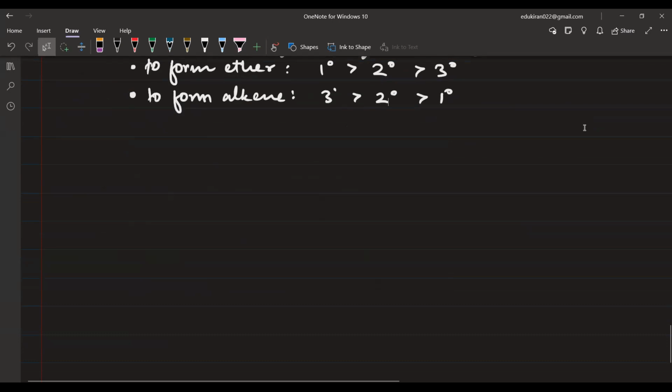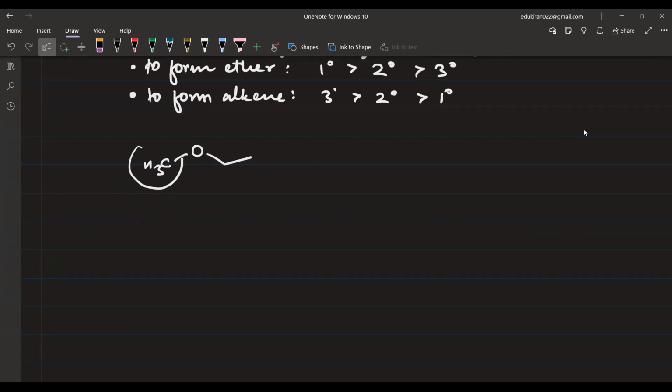Right, next. Let us see if we want to make an unsymmetrical ether from this method, then what is going to happen? Suppose we have this unsymmetrical ether that we want to prepare. Here we have the ethyl group and here we have the methyl group.